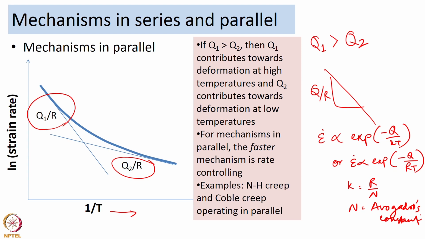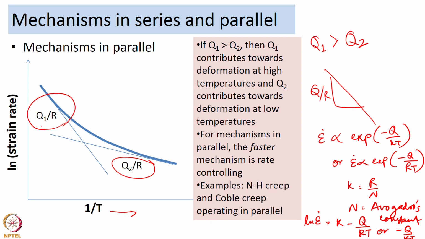So, if you now take ln epsilon dot, that becomes some constant minus Q over RT, or minus Q over kT. So, the slope of the line will be basically Q over R. That is why I mentioned the slope of the line as Q over R.